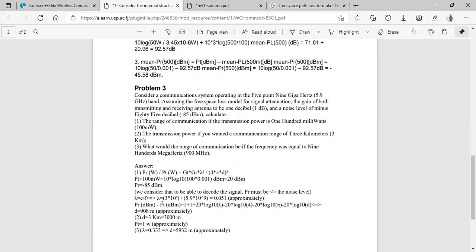Why are we taking dBm on one side and dB on the other? Because PR upon PT is a ratio. Regardless of whether these powers are in milliwatts or watts, it does not matter.